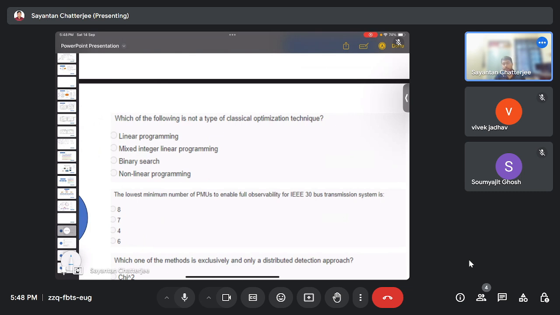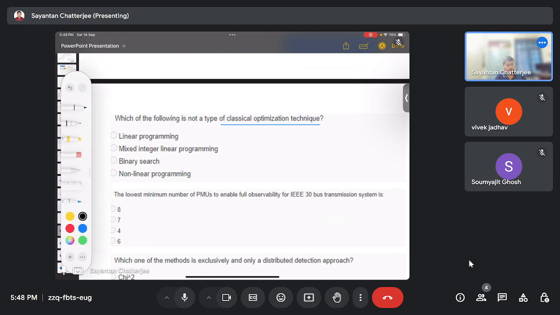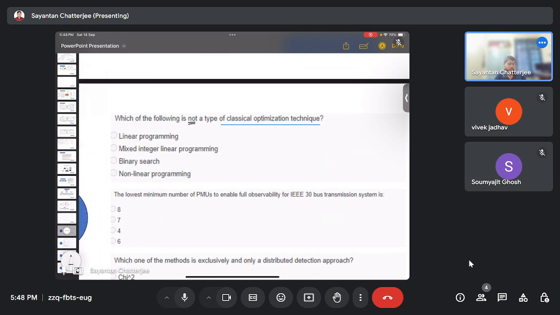Which of the following is not a type of classical optimization technique?